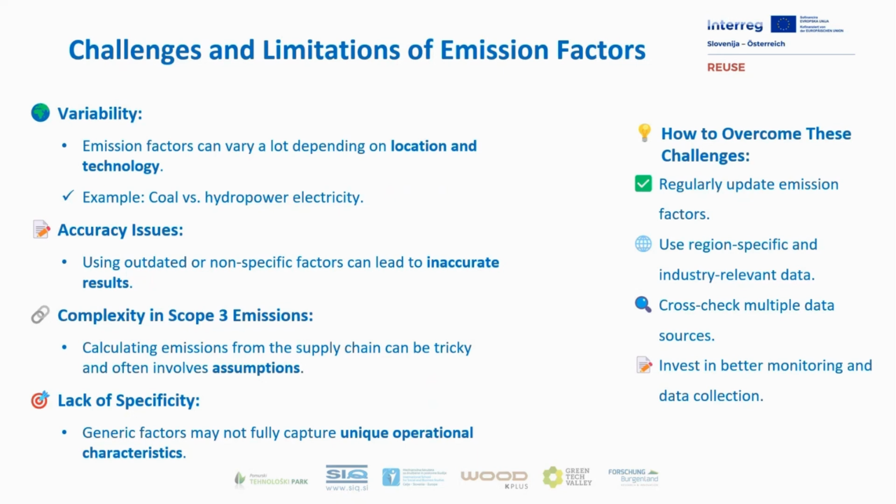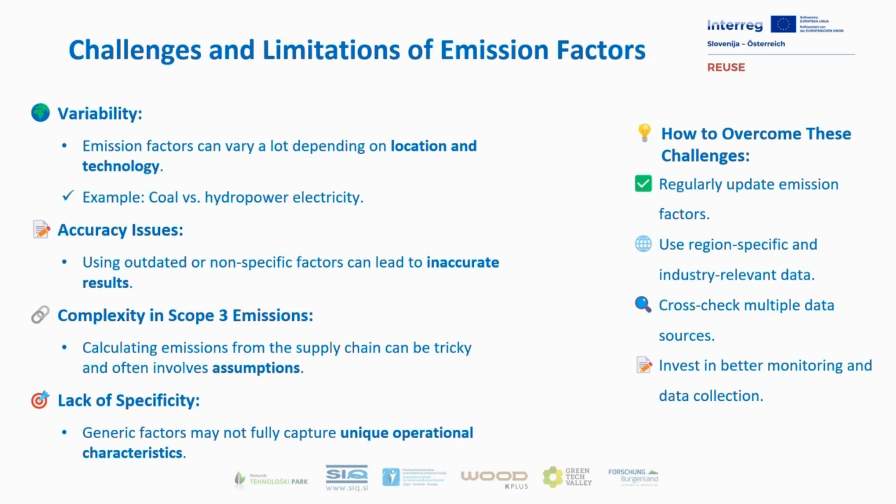And Scope 3 emissions present another big challenge because they come from indirect activities like supply chains or product use. It's often difficult to get detailed data. In these cases, we sometimes have to rely on composite emission factors or even assumptions, which can reduce the reliability of the results.